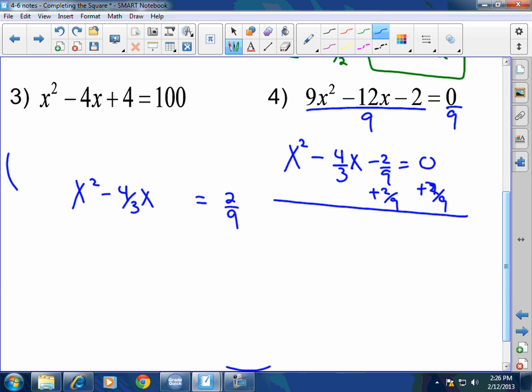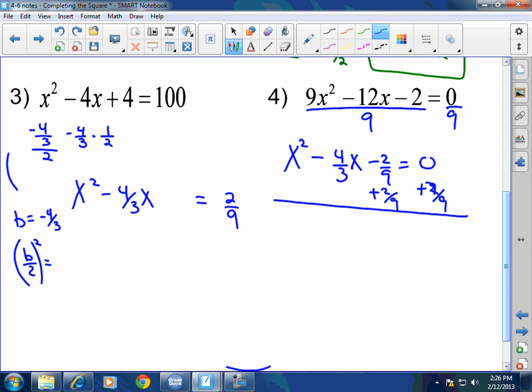Is everyone with me so far? What is my b? Negative 4/3. What is my b over 2 squared? Guys, negative 4/3 divided by 2, stay, change, flip.